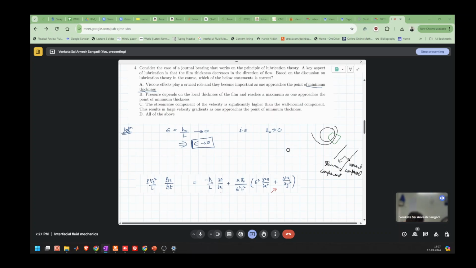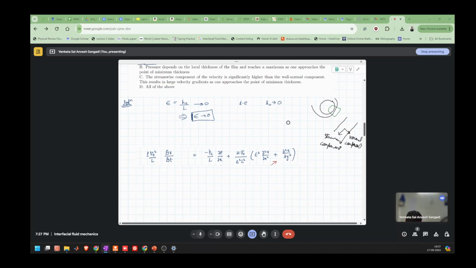So now we have the momentum equation, which looks like so.